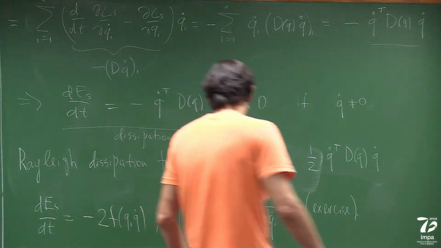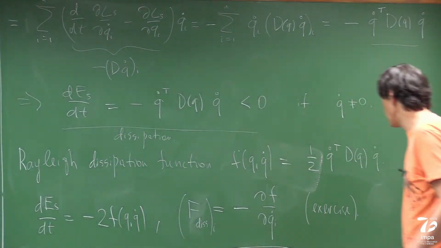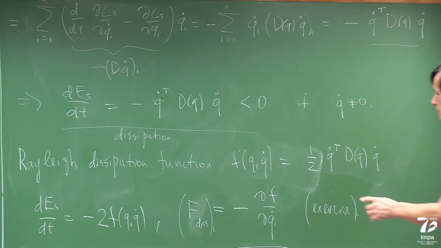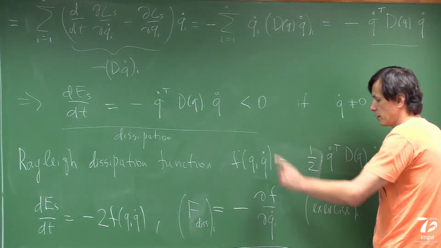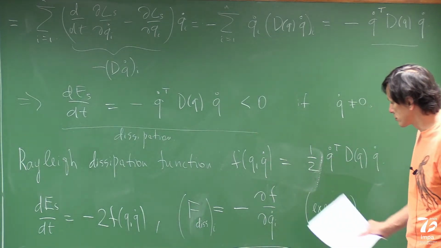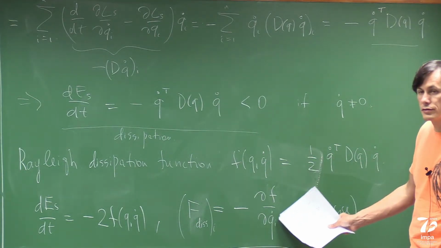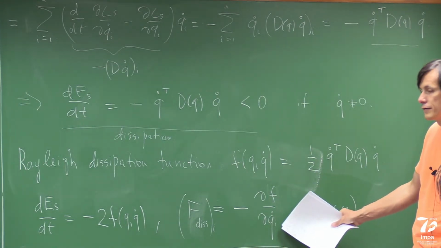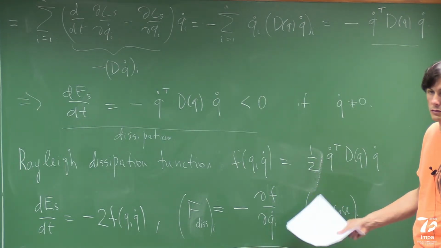So that's the motivation in a sense. You see that the Rayleigh function is kind of a potential function for dissipation. If you get usual forces by differentiating the potential with respect to coordinates, then the dissipative force you get from the Rayleigh function by taking the derivative with respect to velocities. So that's the analogy.